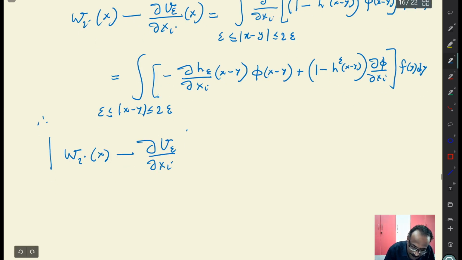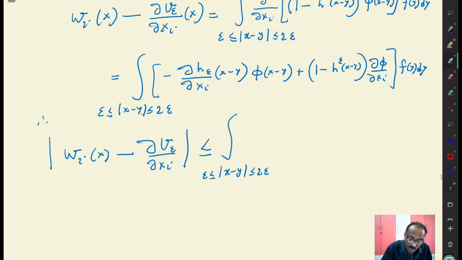If I compute this one, this will be less than or equal to the integral over mod x minus y less than or equal to 2 epsilon. If you want, you put it also here, and this can be bounded with an epsilon, because the derivative is bounded, but when you differentiate it will bring up an epsilon. Before that there is also a bound you can do.